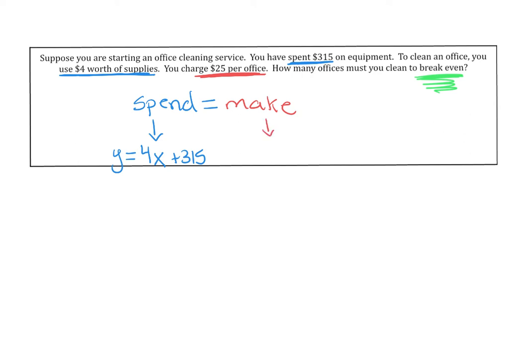And then how much are you making? Well, you're going to make $25 per office. So breaking even is when these two are equal to each other. So we're going to solve the equation 4x plus 315 equals 25x. And then solve for x.